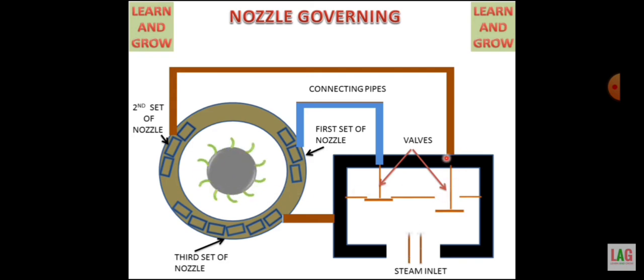Now this second valve will also work to stop water or steam from going to the second set of nozzles. So from these sets of nozzles we can maintain the speed of the turbine by opening and closing the valves. This is called nozzle governing.